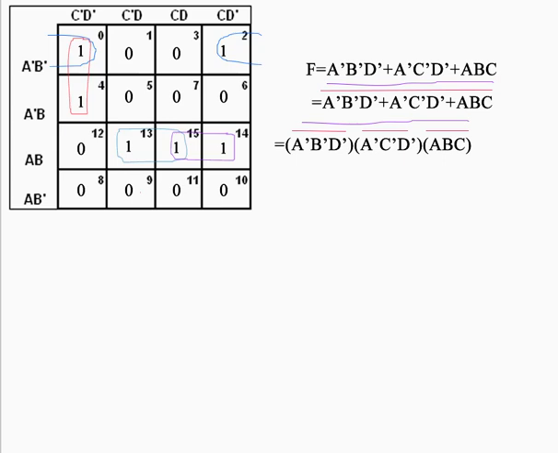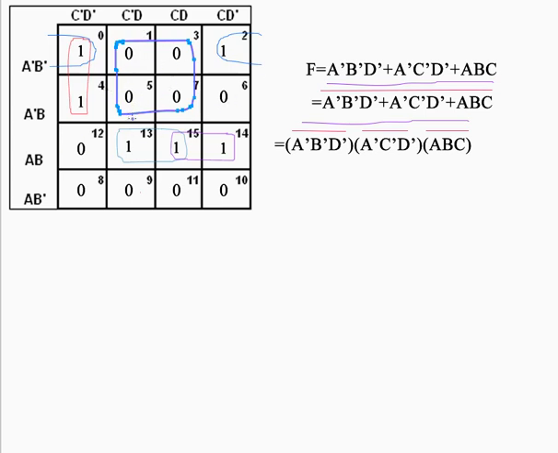I need a different kind of line. So this group here is the obvious one. Okay? And I have to take this group because of this zero right here in box number 5. This zero in box number 5 does not combine with any other term, any other bigger term. So this one here is an implicant.